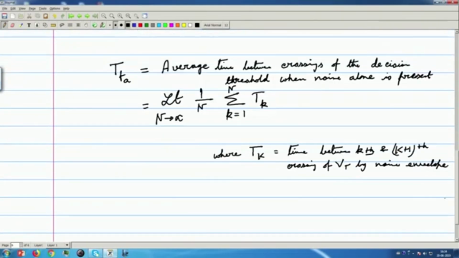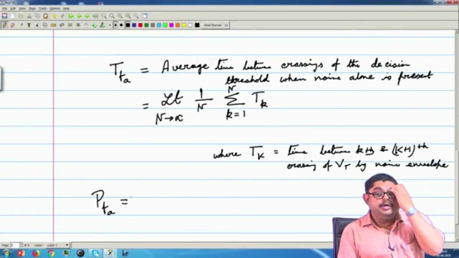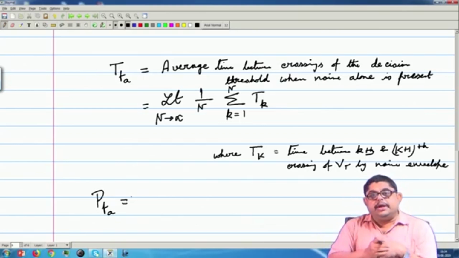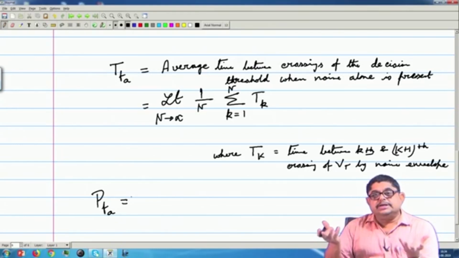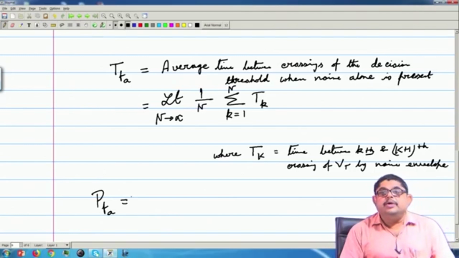Now, with respect to this diagram, let me tell what is probability of false alarm. You see, what is probability? I toss a coin, number of success by total number of outcomes. So, here what is the success?